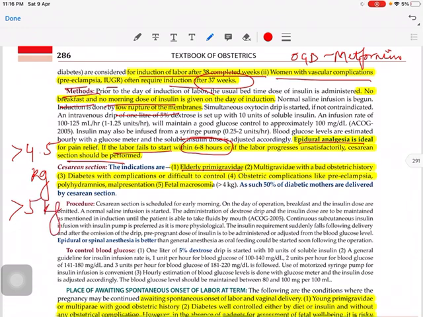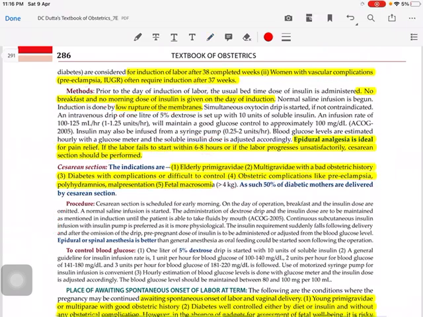Cesarean section is done when the lady is elderly, a primary gravida, has bad obstetric history and is a multigravida, diabetes with complications or difficult to control, complications like preeclampsia, polyhydramnios, malpresentation, and fetal anomalies, and macrosomia, that we have already discussed.